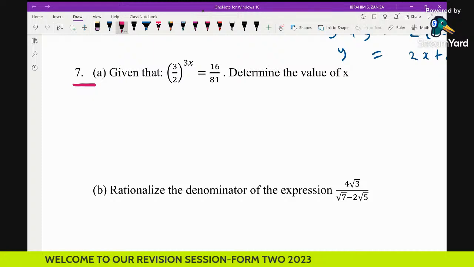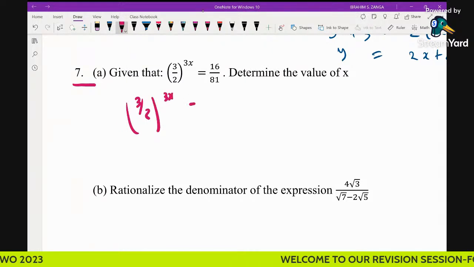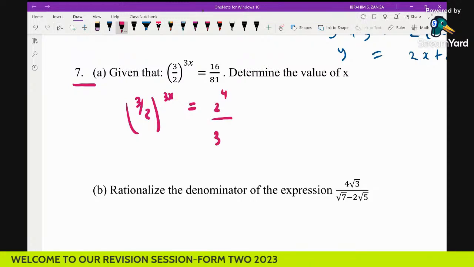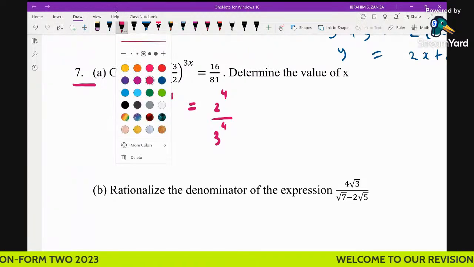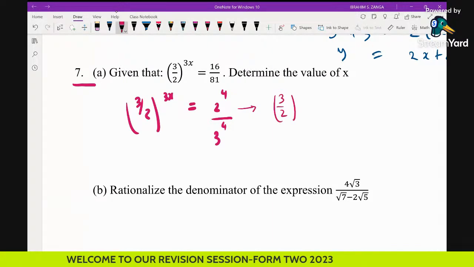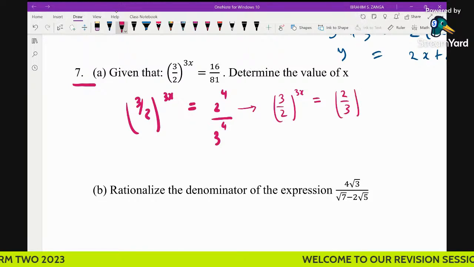So you have (3/2)^(3x) equals, I think this is 2^4 over 3^4. So we can extend further: (3/2)^(3x) equals (2/3)^4.